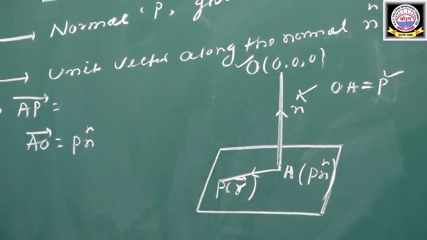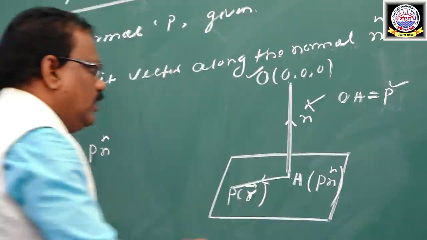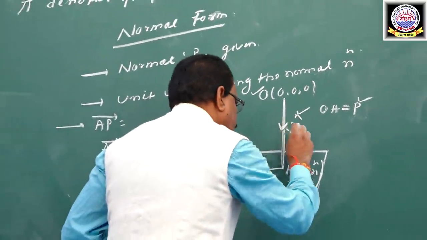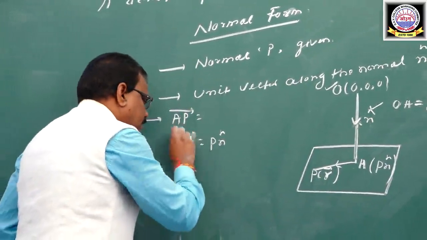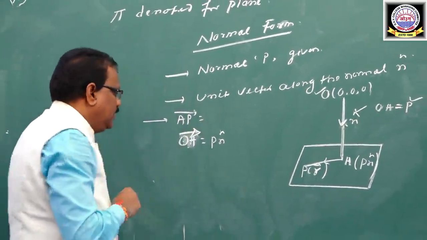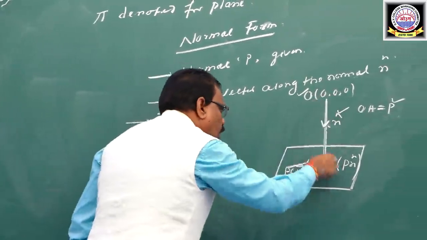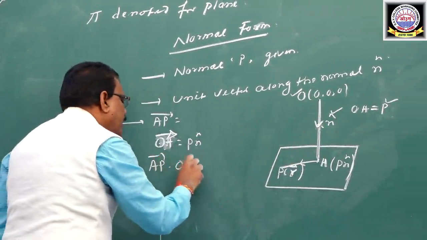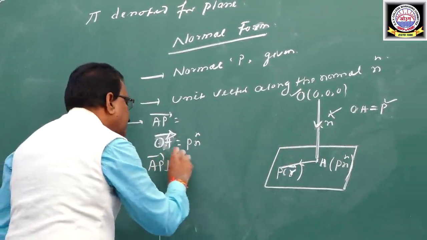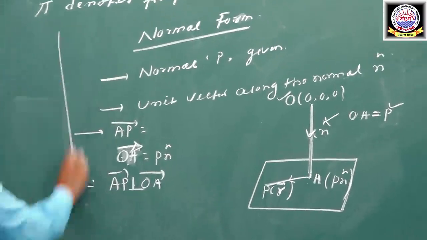Okay. I can write also AO or OA, whatever you want to set, and OA also I can write because it starts from the origin, no issue for that. Now, the AP vector and the OA vector are obviously perpendicular to each other, so their dot product will be 0.